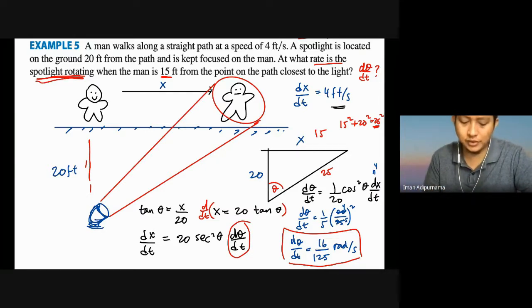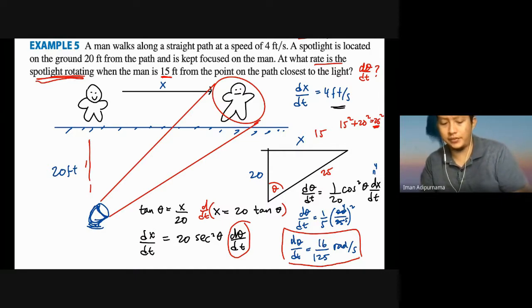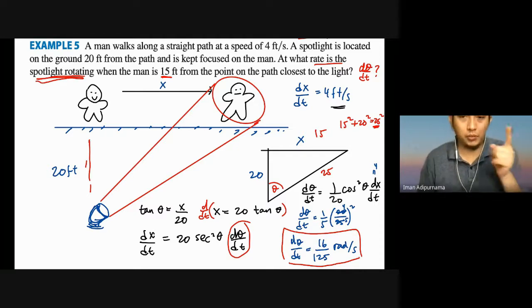You can also use the tangent inverse if you want. But yes, read the questions carefully, because sometimes if you take the arctangent, it may take you around in circles and take longer.